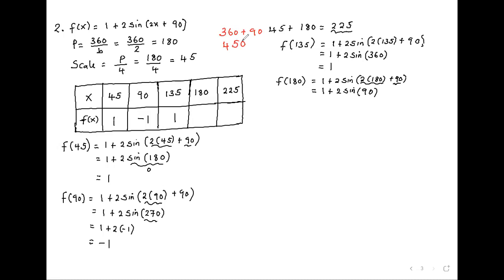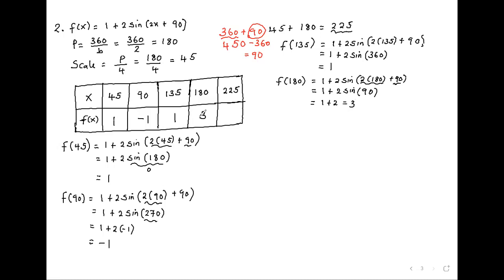Now, for you to get 450, you get its coterminal angle. The coterminal angle of 450 will be 450 minus 360, which is equal to 90. So adding 360 is the same thing as not adding it. You just evaluate at this angle here. So here we get 1. Sine 90 is 1. So we have 1 plus 2, which is equal to 3. So we get 3.